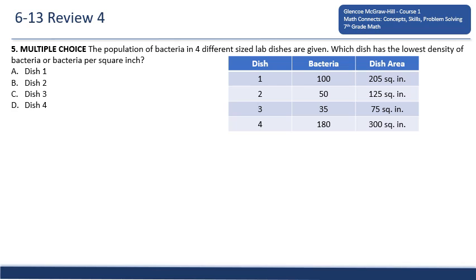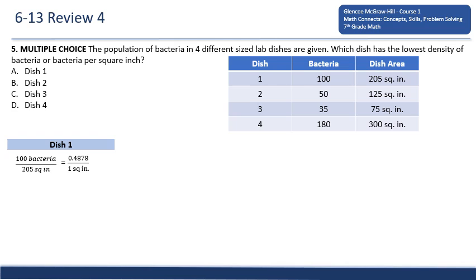So that means we need to get the unit rate of the dish, or the square inches, down to 1. And for dish 1, we'll set it up as 100 bacteria over 205 square inches. And use your calculator for this. I care more that you can set this up and know how to solve it without it taking a long time to do it out by hand.